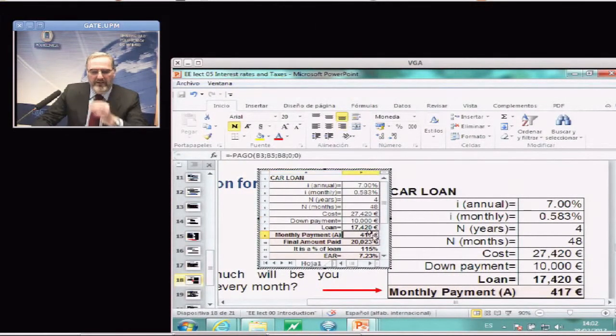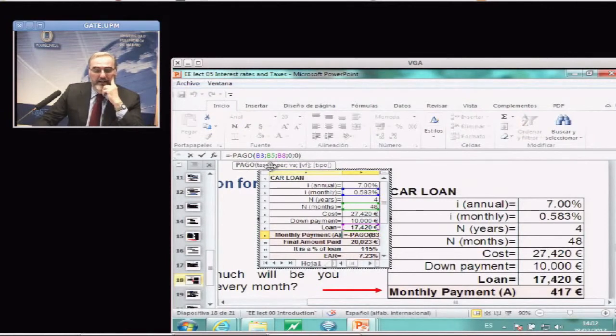The monthly payment is the PMT, the payment formula, equal to the interest rate. Please remember, we are calculating a monthly payment, so the interest rate must be a monthly nominal interest rate. The number of periods must be the number of months in the full length of the loan, 48.